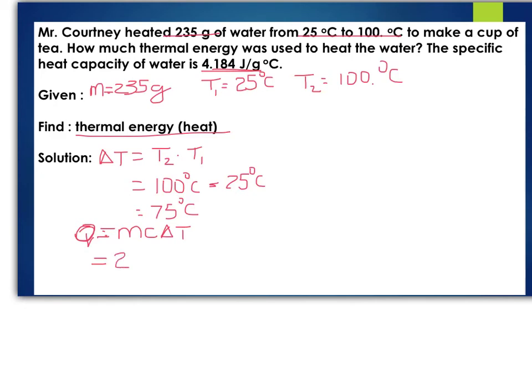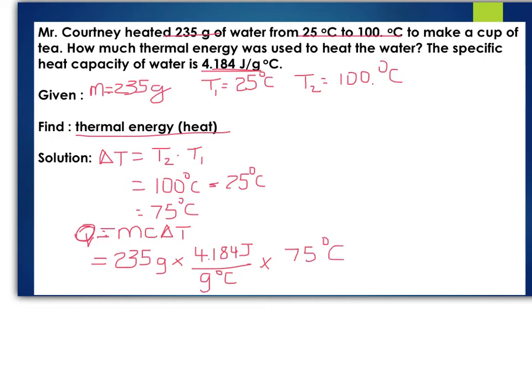M, the mass, is 235 grams, multiplied by the specific heat, 4.184 joules per gram degree Celsius. And we multiply by the temperature change, which is 75 degrees Celsius.